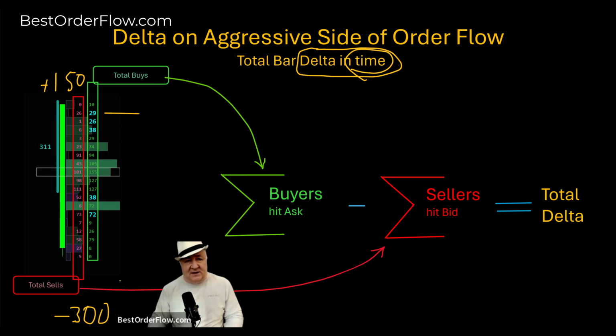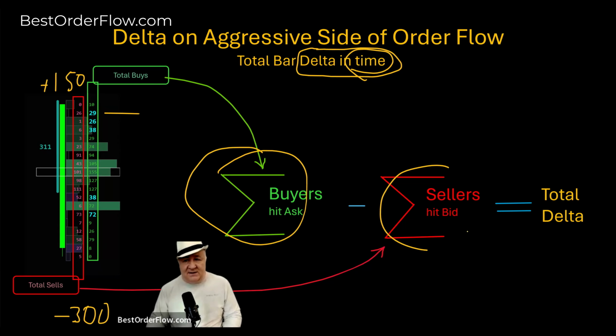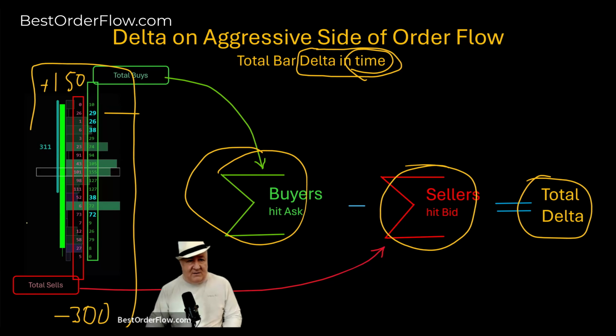This is the usual way to see the total delta: when you take total buys minus total sells, you get the total delta. Total delta reflects only what happens in this very candle.